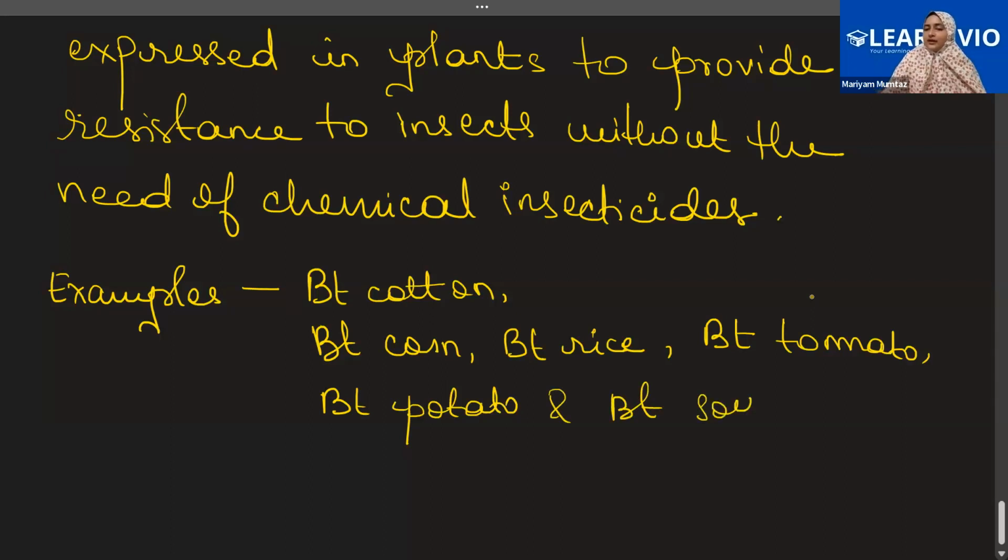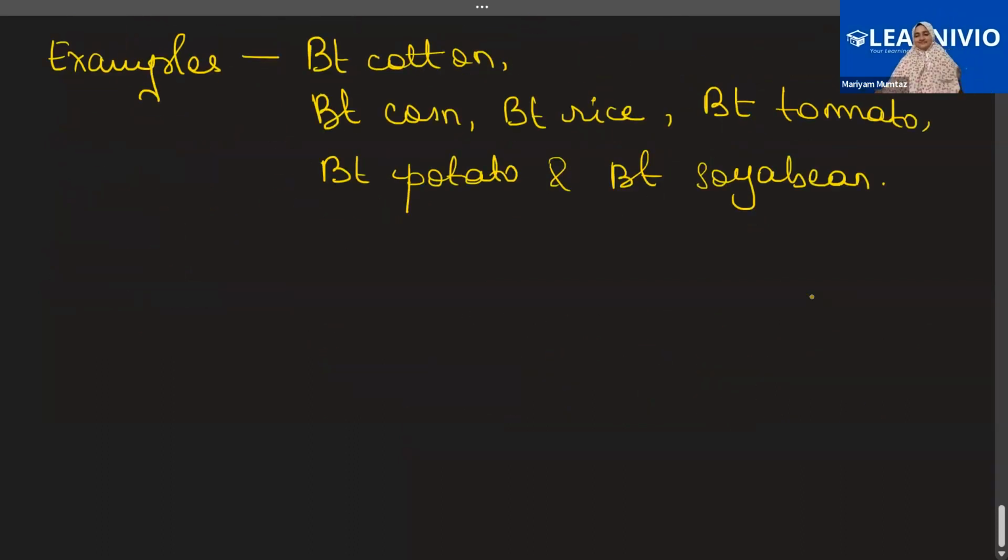And I think you will now be able to answer all the questions in the viva. I hope so. My viva comes from my investigative project. They ask from the project.